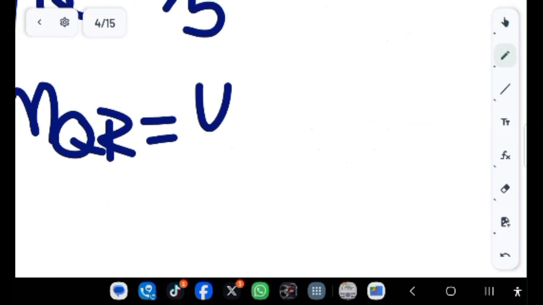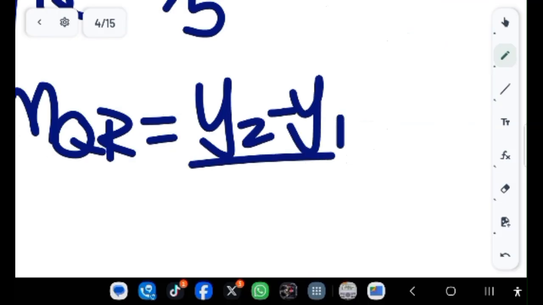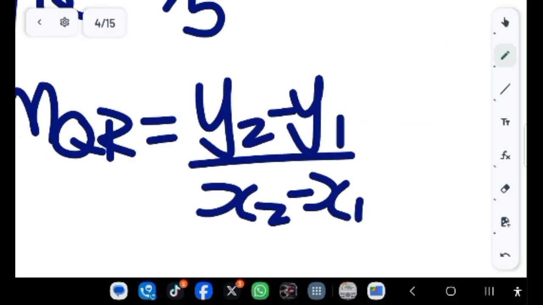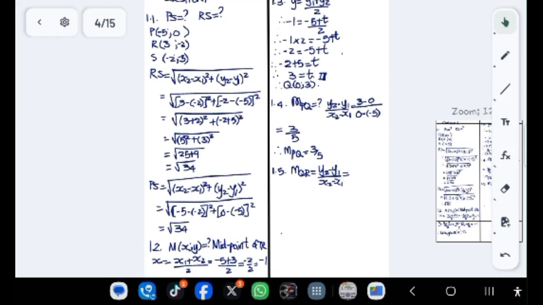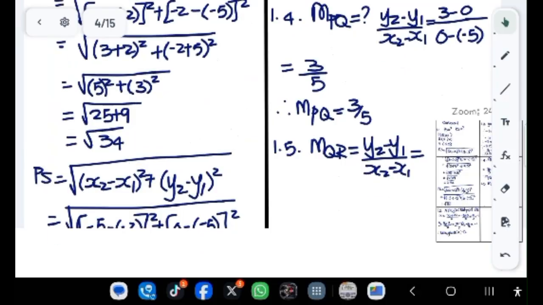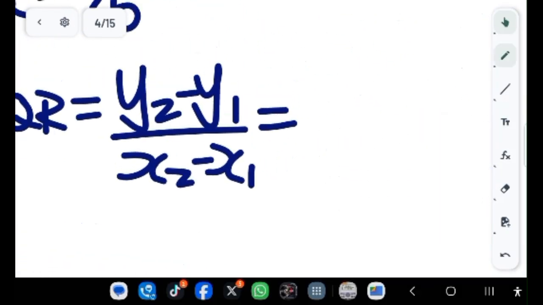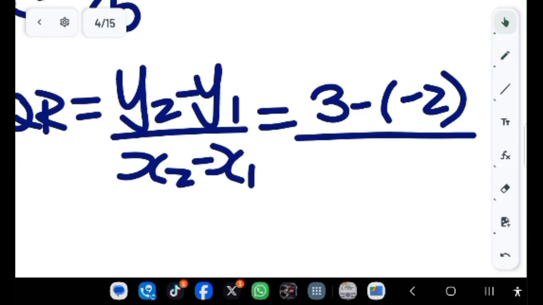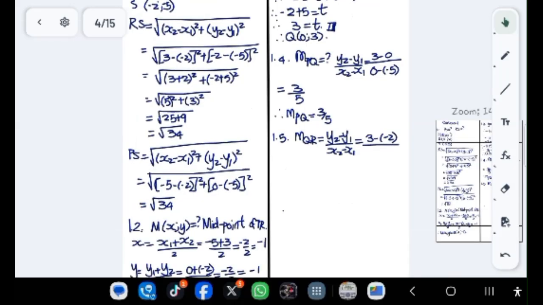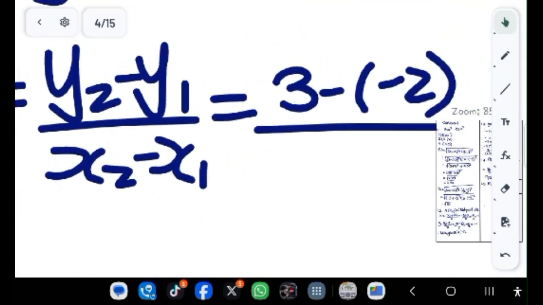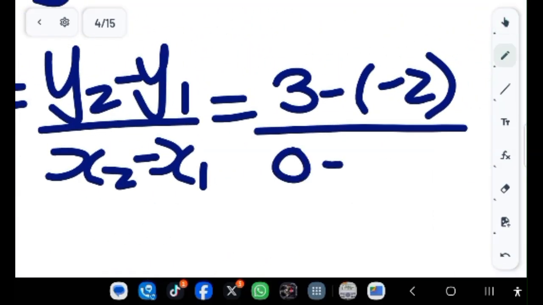That equals y2 minus y1 over x2 minus x1, which for QR is 3 minus negative 2 all over 0 minus 3.